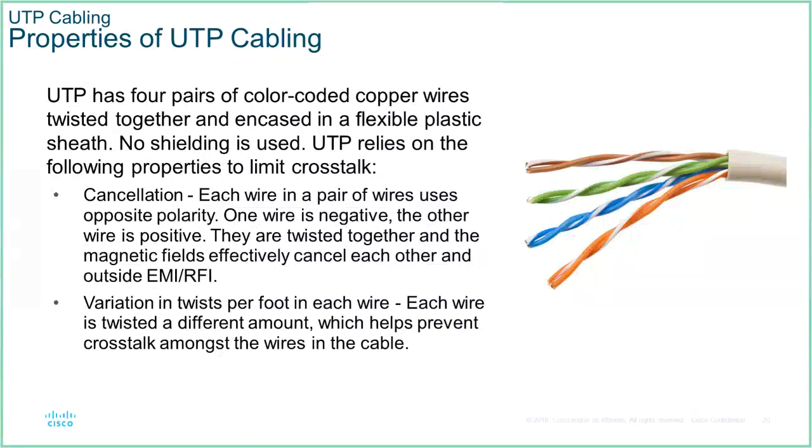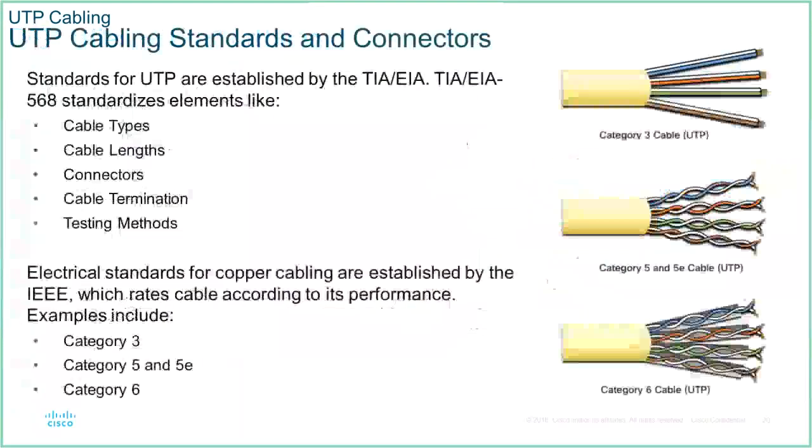All right, so what's new on this slide? They're basically talking about the cancellation effect with the magnetic fields using the twist function, which I've already talked about. So moving on. And here's the representation of what I was talking about with Cat3 being just straight cables.